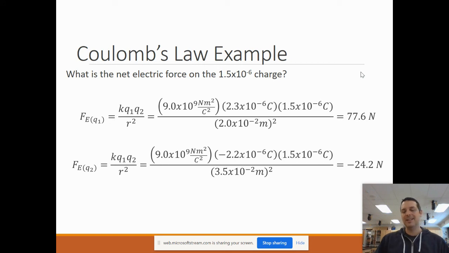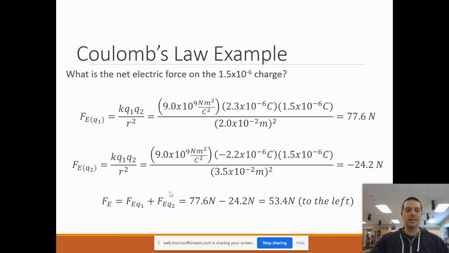The second one is an attractive force. Now, to find out how much force is acting on the first object, I need to add the two of them together, which is 77.6 newtons to the left, minus 24.2 newtons to the right. Notice that they don't share a sign because they're acting in different directions, and I get 52.4 newtons.